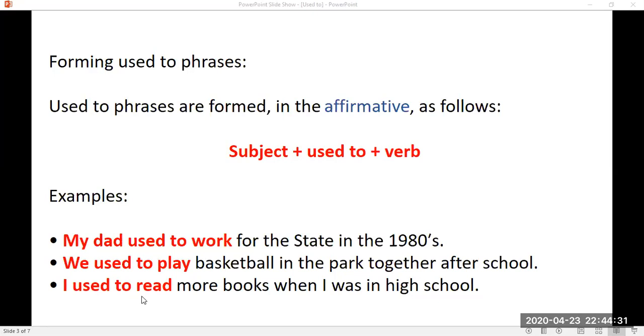And the third one, I used to read more books when I was in high school. So this speaker says that when he was in high school, he used to read often. He used to read more books than he reads now in the present. That means he reads a smaller number of books compared to the past when he was in high school.